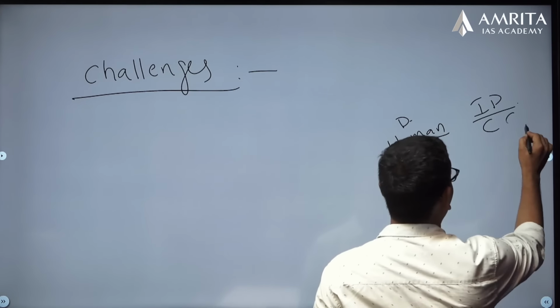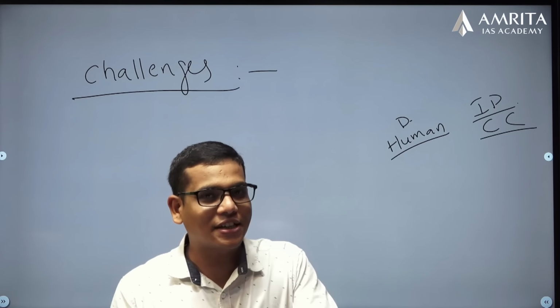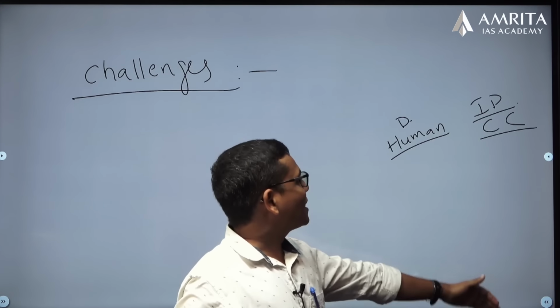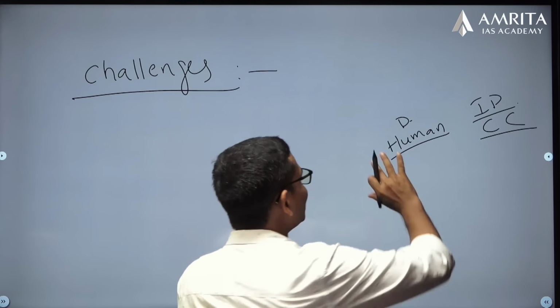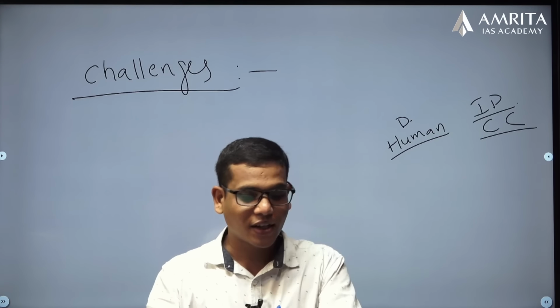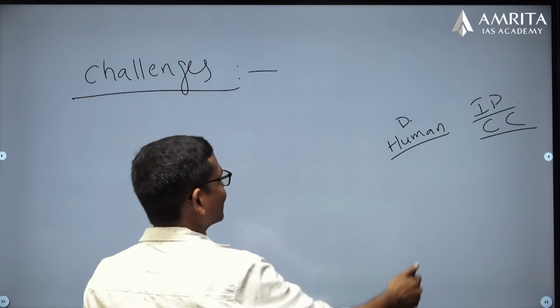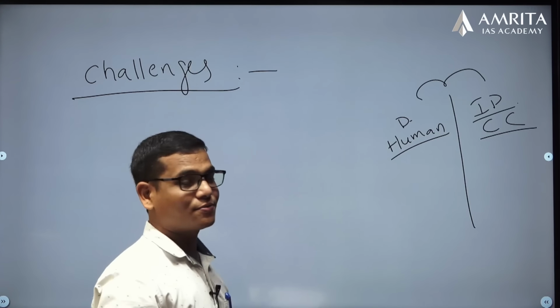It is climate change. Climate change is because of only human activities. So climate change is one reason, the direct human activities are another reason. These two things are posing a lot of challenges to the oceans. In both cases, human intervention is there.